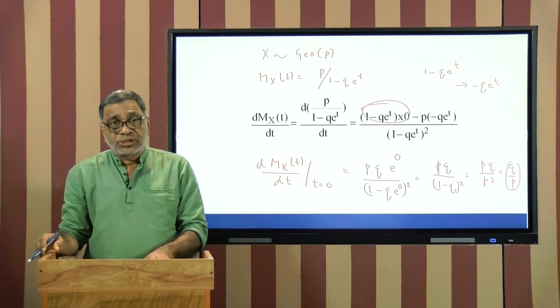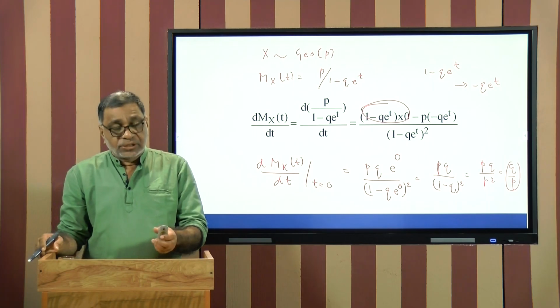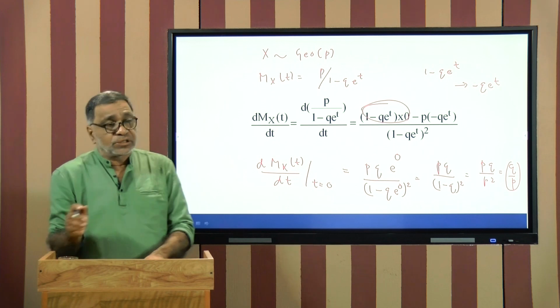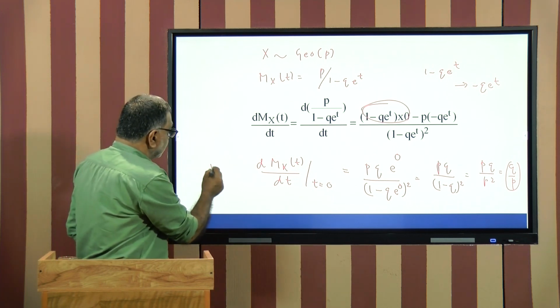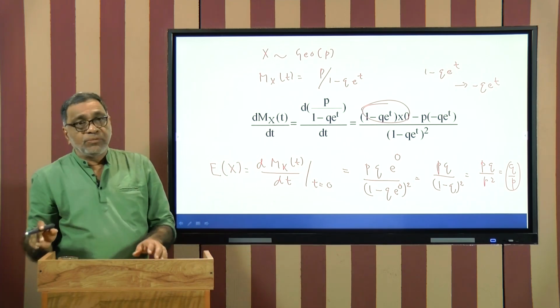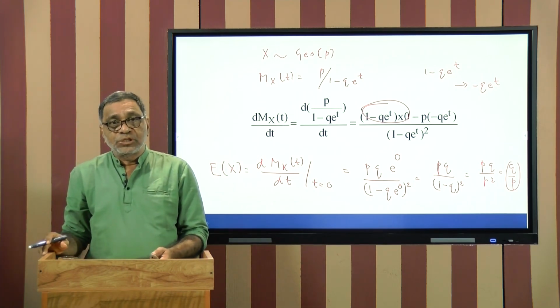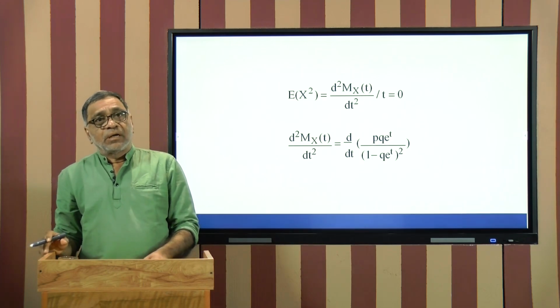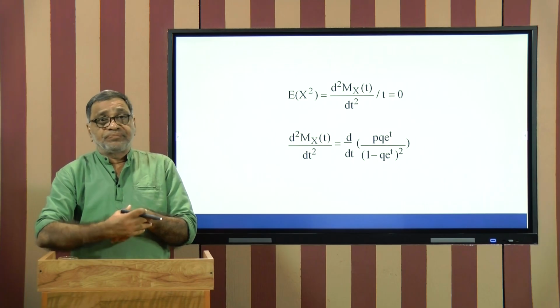So, using the differentiation technique, we differentiate the moment generating function and put t equal to 0, and we have the expectation of x equal to the derivative of MX(t) with respect to t at t equal to 0, that is q divided by p. Similarly, you can find the expectation of x square also.